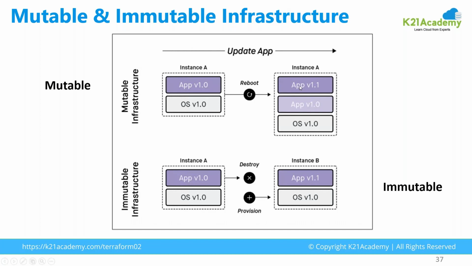So I am going to make the changes here. We'll install this, and then a reboot might be needed, and then I will be getting 1.1. So I have done all the changes here and then rebooted it, and this gives me 1.1. Now this is the mutable infrastructure.